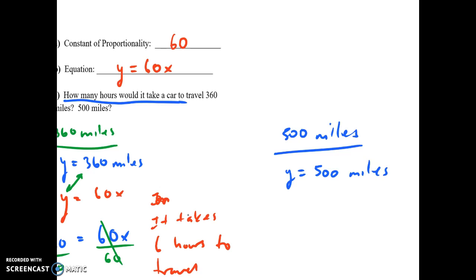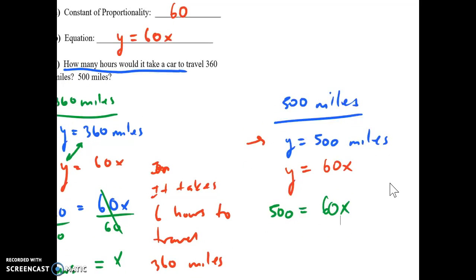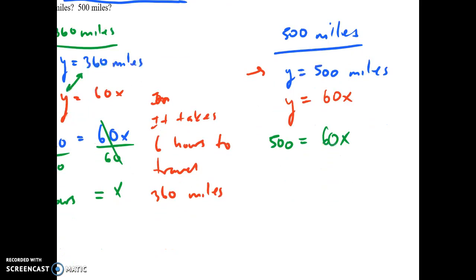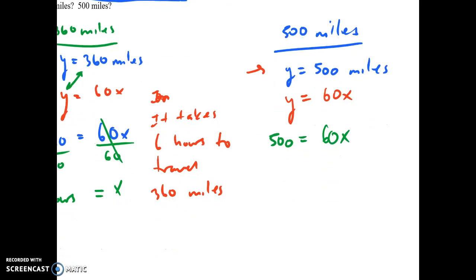Always rewrite your equation. Y equals 60x. And since we're starting with a y equals, we're going to replace our y in our equation with whatever number the y equals. In this case, it's 500. And we keep everything else the same, 60x. All right. Once again, divide 60 on both sides.